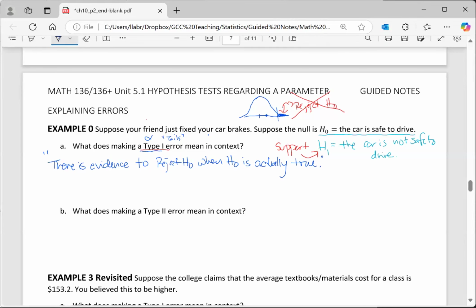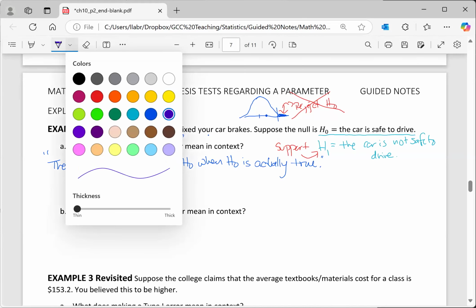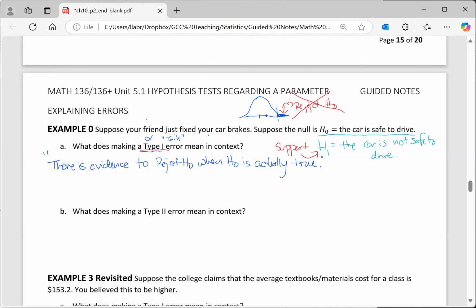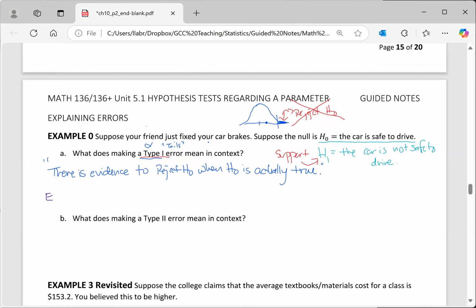Now let's interpret it. So now that we've got that out of the way, let's go ahead and summarize this in context. There's evidence to reject the null. So we're going to say evidence indicates, we're going to reject the null, so we're going to support H1, which means the evidence indicates that the car is not safe.